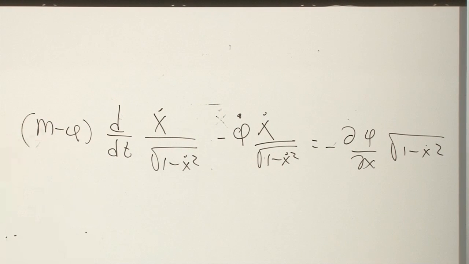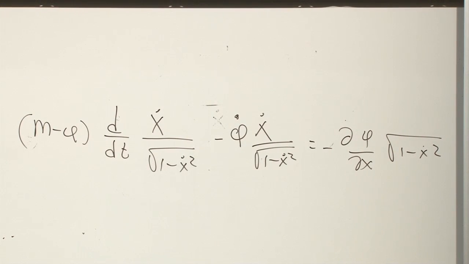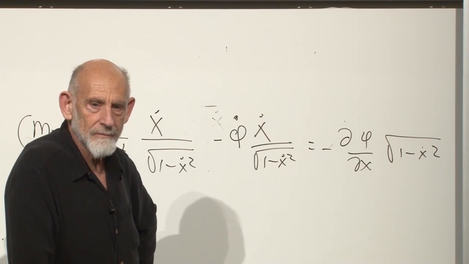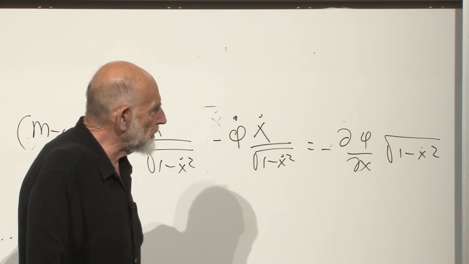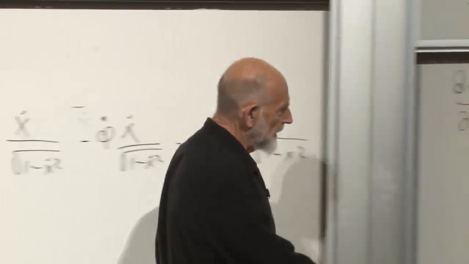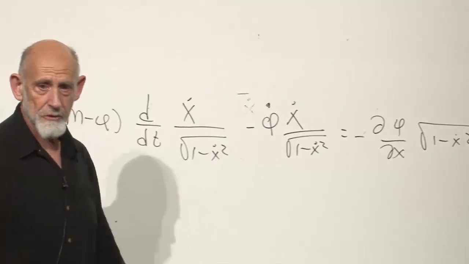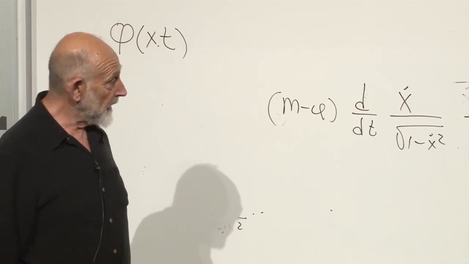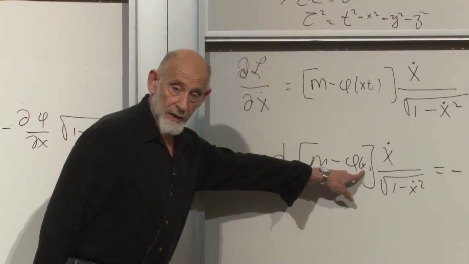All right, but what about phi dot? What can I do with phi dot? You have to have x dot in there, because x is also a function of time, right? So you have to take partial phi, partial x times x dot. Let's take a simple case where phi only depends on x, just to simplify the story. Then, is phi dot equal to 0? No. It's not 0 because it depends on x, and x is not constant.